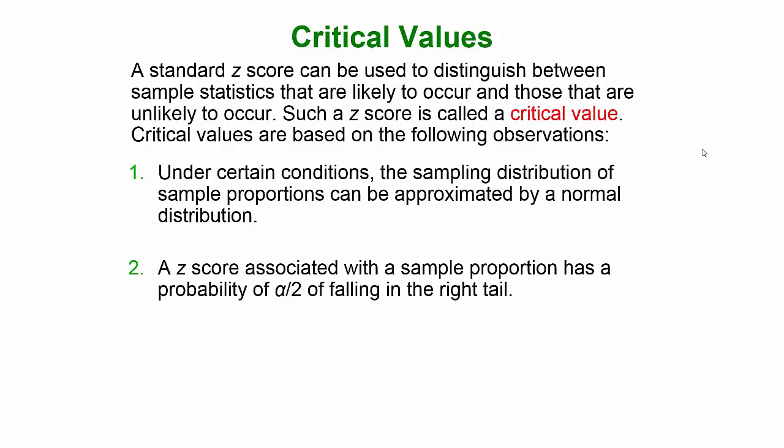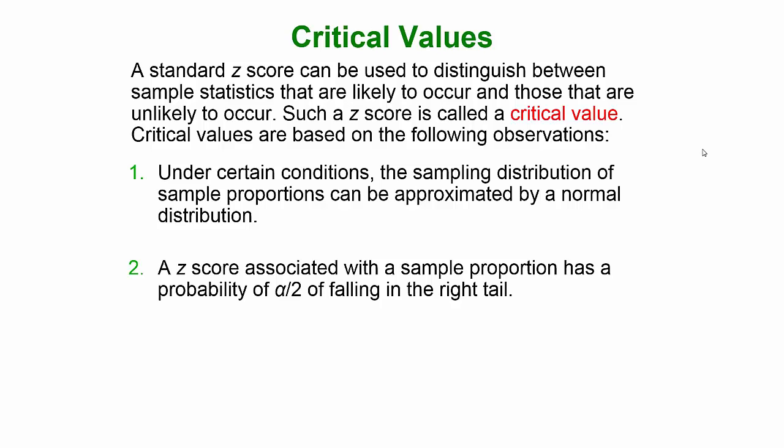A standard z-score can be used to distinguish between sample statistics that are likely to occur and those that are unlikely to occur. Such a z-score is called a critical value. Critical values are based on the following observations. 1. Under certain conditions, the sampling distribution of sample proportions can be approximated by a normal distribution. 2.